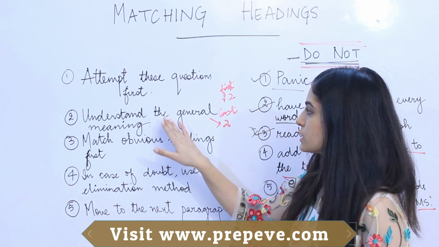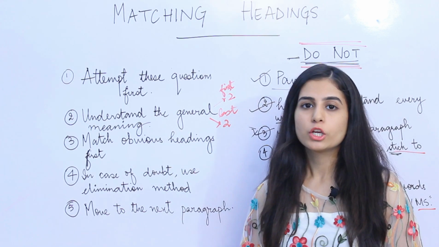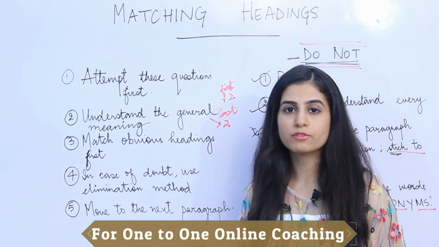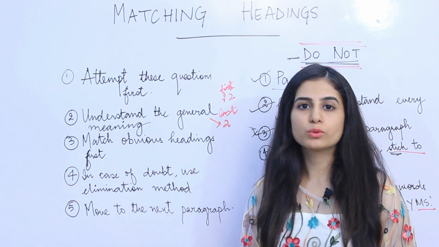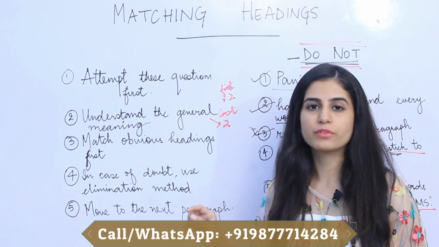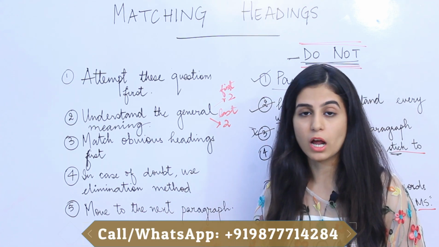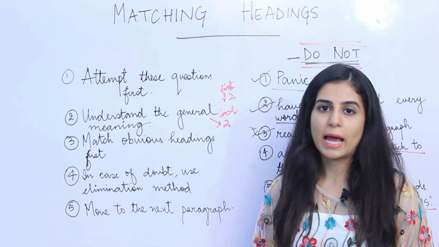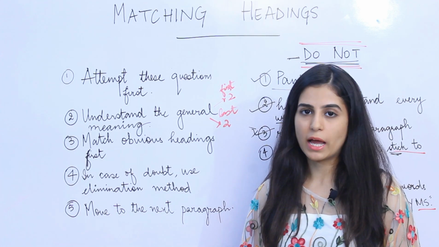Number two, understand the general meaning. You need to understand the general meaning of each of the paragraphs. You do not have to go through each and every word or each and every sentence of every paragraph. If you start doing that, you will definitely mess up your time management, and we do not want that to happen.